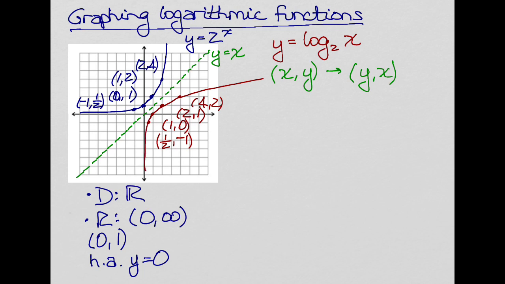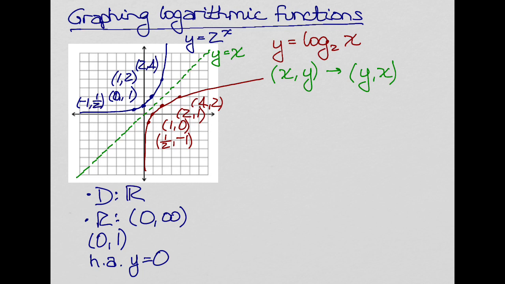And then since the negative x-axis was an asymptote for my original function, that's going to correspond, reflecting across the line y equals x, to the negative y-axis being an asymptote for the inverse, the logarithmic function. So the red one here is a graph of your generic y equals log base 2 of x.